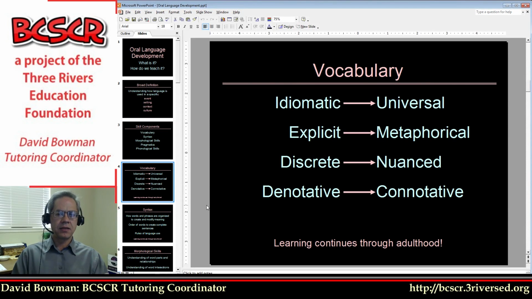So starting with vocabulary. Vocabulary is not only, here is what this word means, although that is certainly a part of it, but it's really looking at a variety of spectra around word choice. On one hand, for example, we have idiomatic language. In this place, in this time, this is what we call this thing.